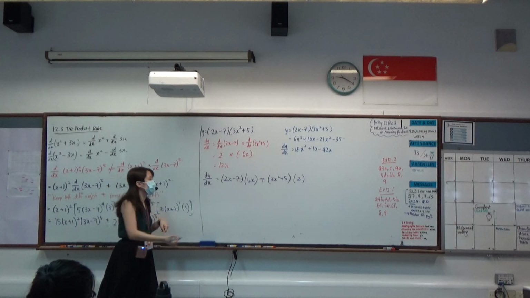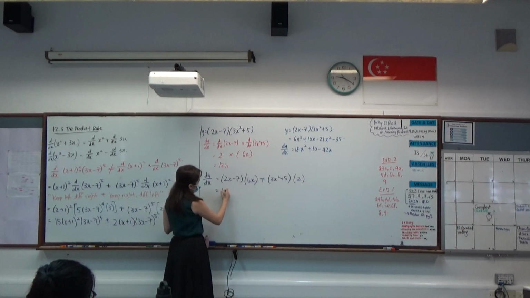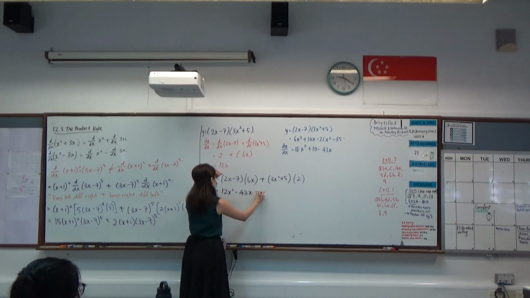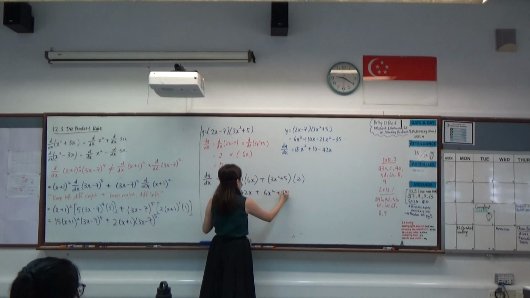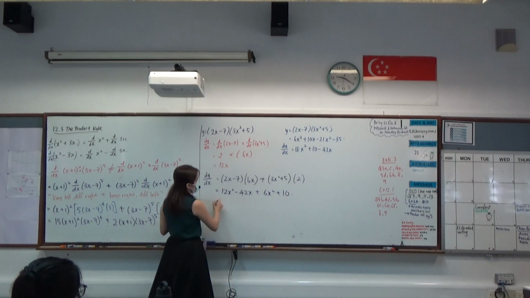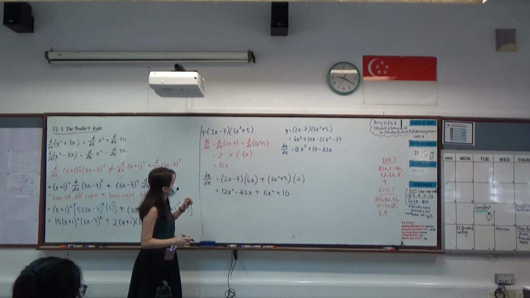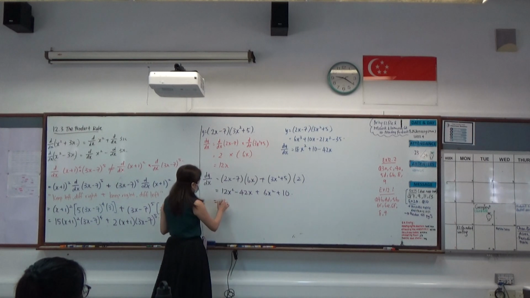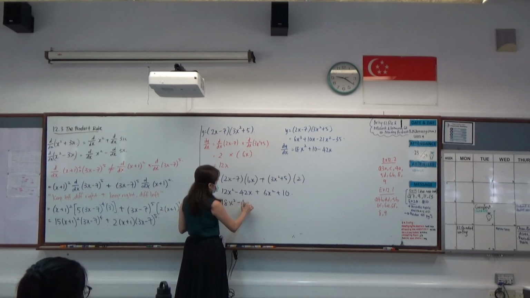Hang on, expanding it, 42x plus 6x squared plus 10. Did I do anything wrong? 6 plus 3, 18. Oh, sorry, simplify: 18x squared minus 42x plus 10.